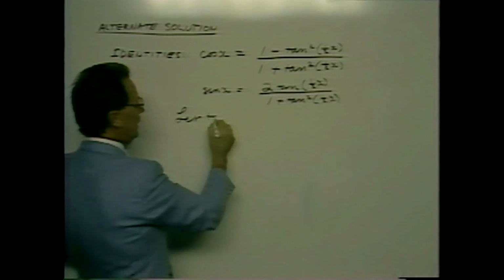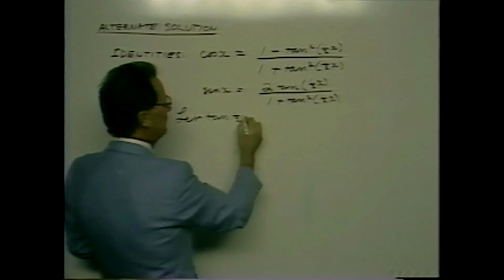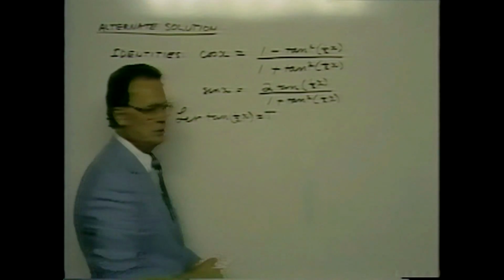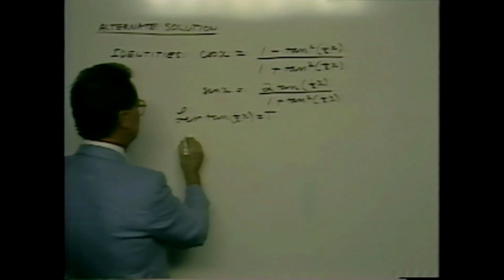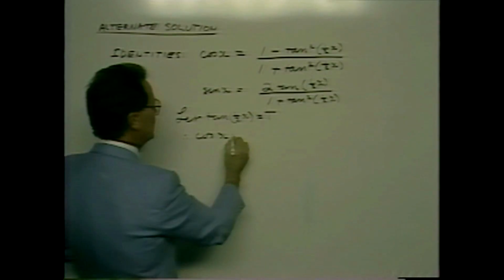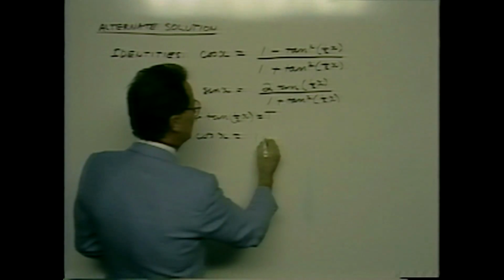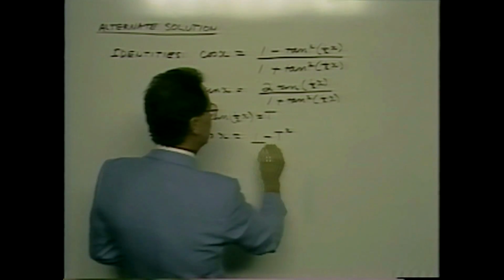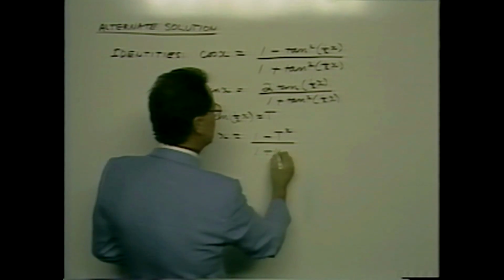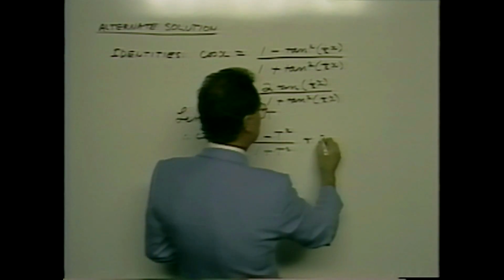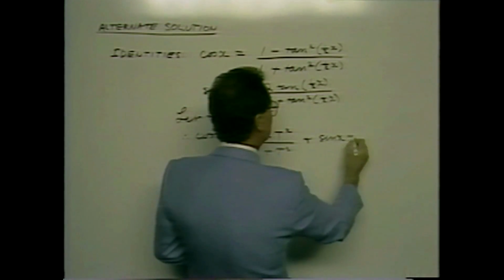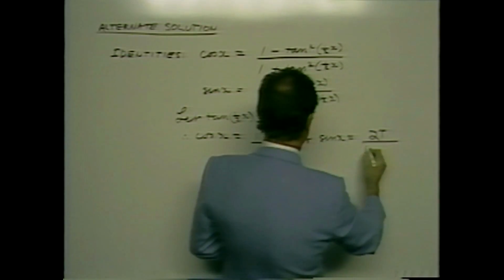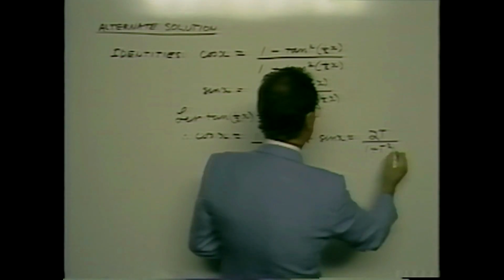Let tan 1/2 x equal the transition variable t. Therefore, cos x is equal to 1 minus t squared divided by 1 plus t squared, and the sine of x is equal to 2t divided by 1 plus t squared.